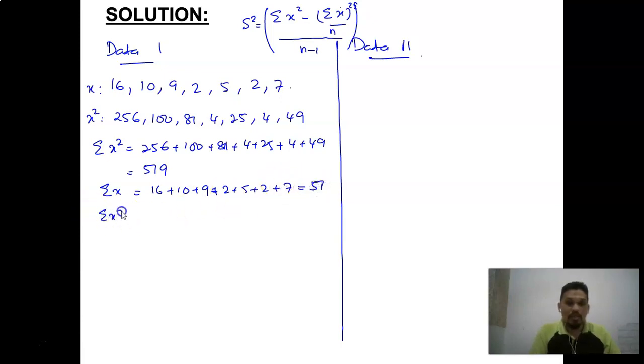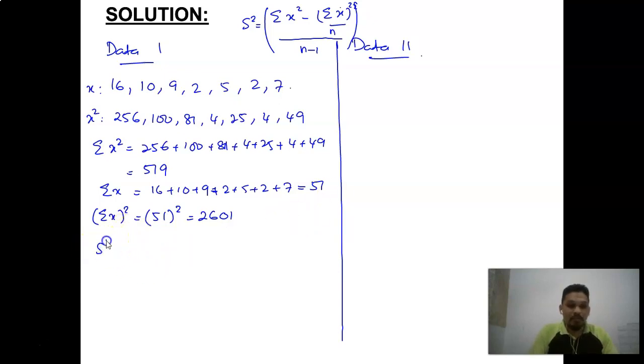So the summation of x in bracket square is 51 squared, which equals 2601.